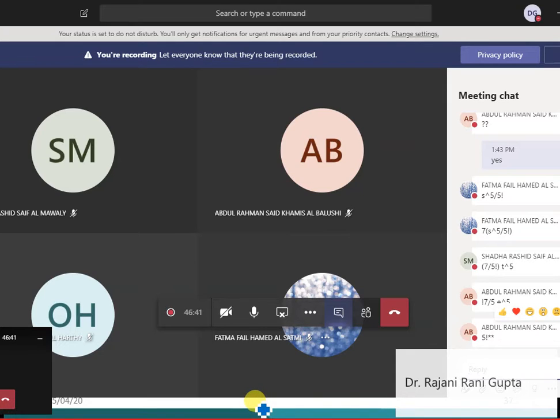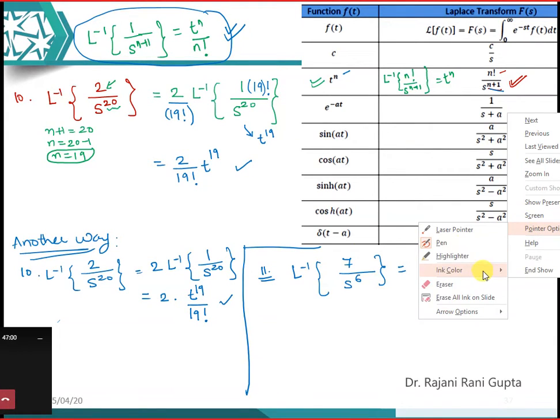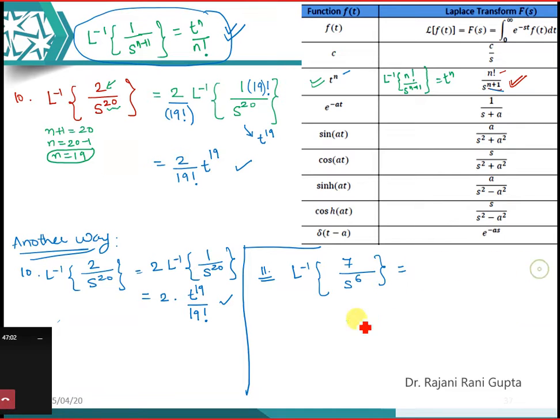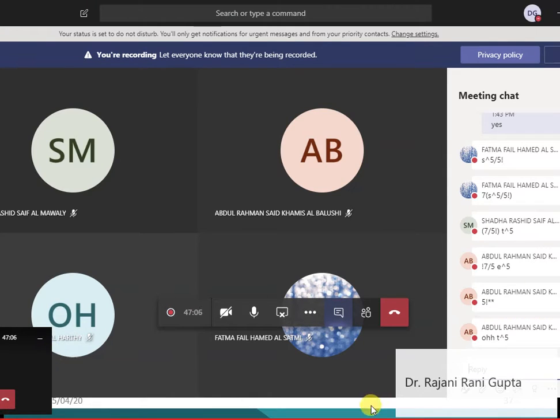Okay, you corrected Abdul Rahman, 5 factorial. But what is the power? E power 5 or T power 5? Yes, T power 5.